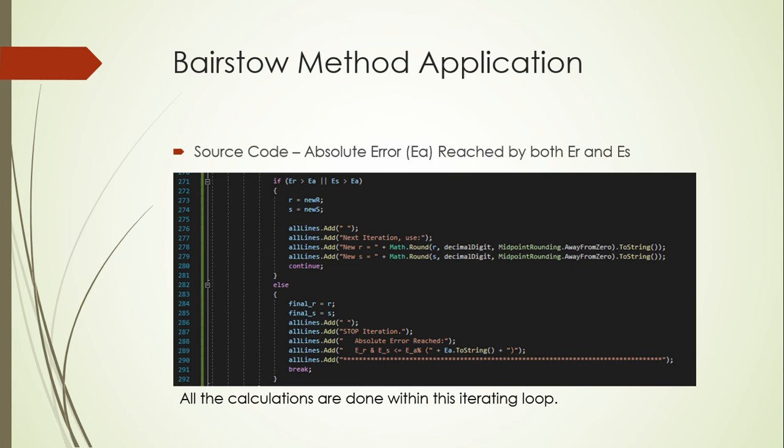After 4 iterations, as I discussed before, we reach the absolute error value, which is 0.0075, which is here. So the iteration already stopped because the absolute error has been reached.